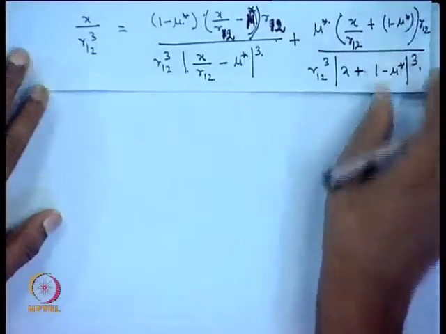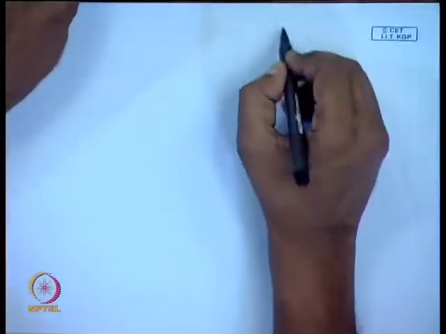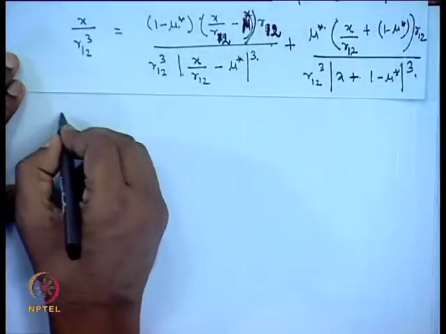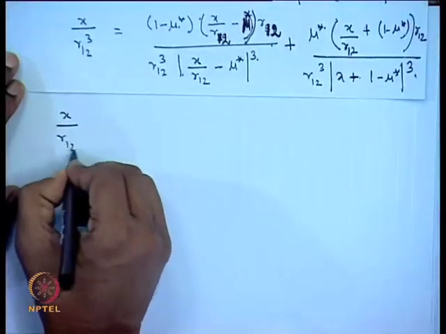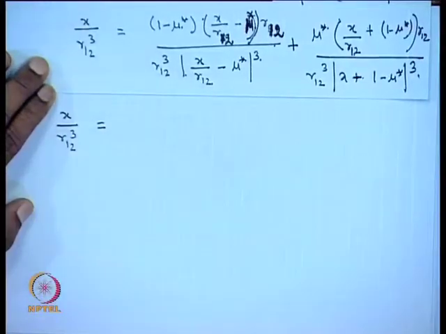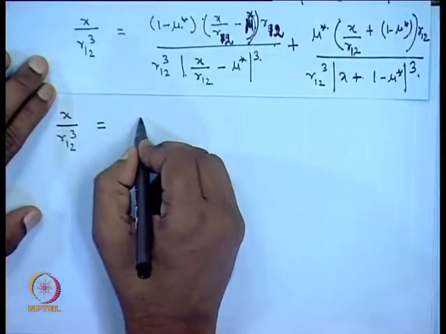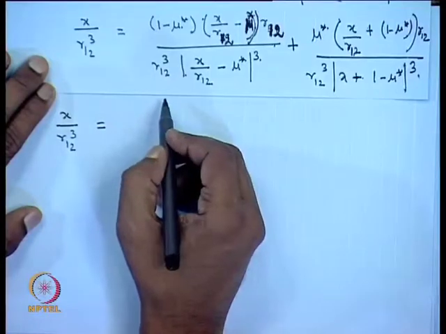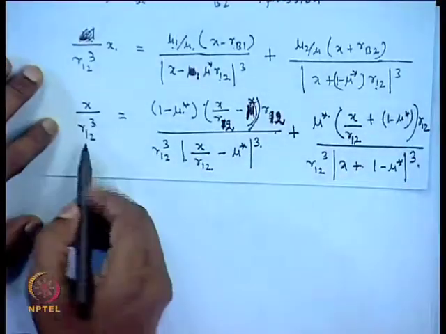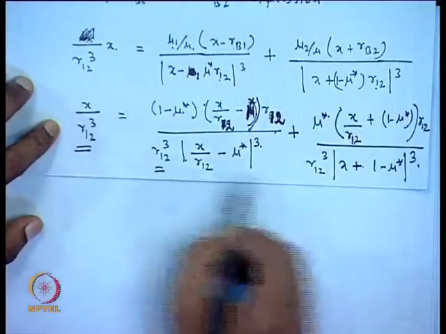See, this can be further simplified now. So, from here we have then, okay, in this equation we can cancel out this r 1 2 cube, r 1 2 cube.